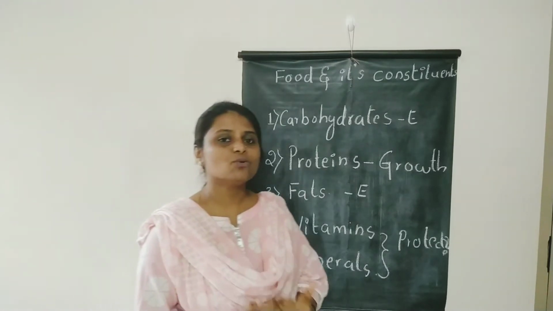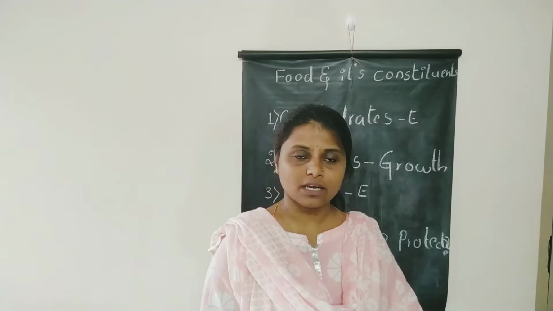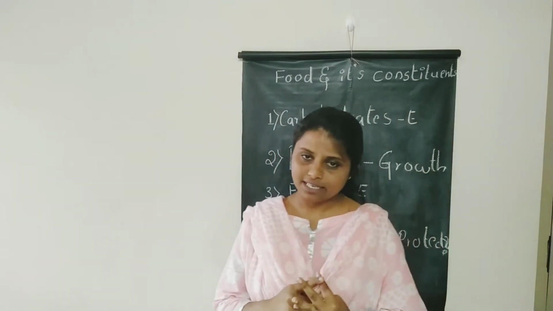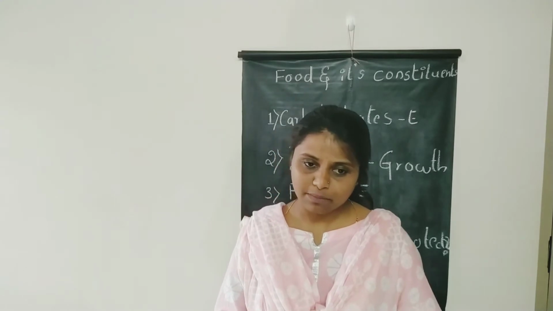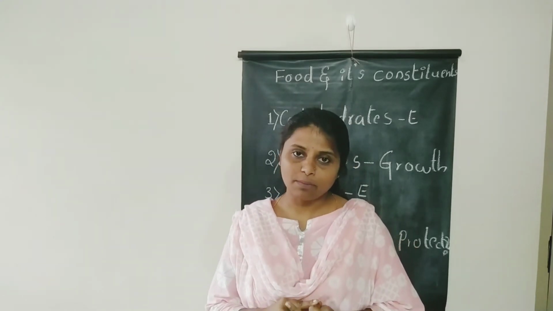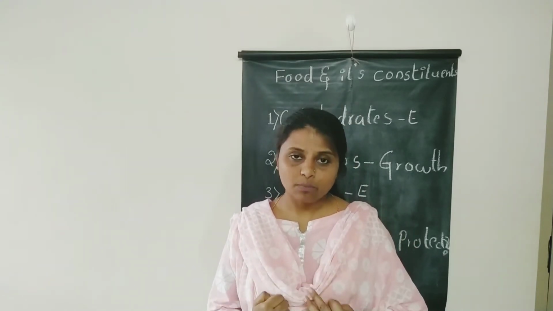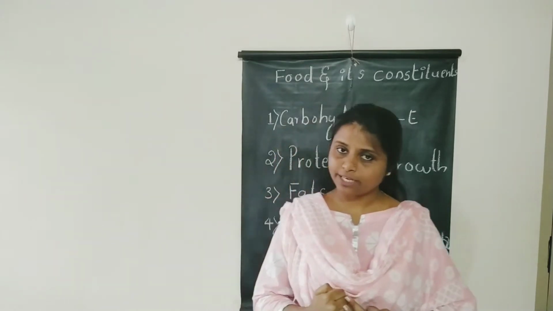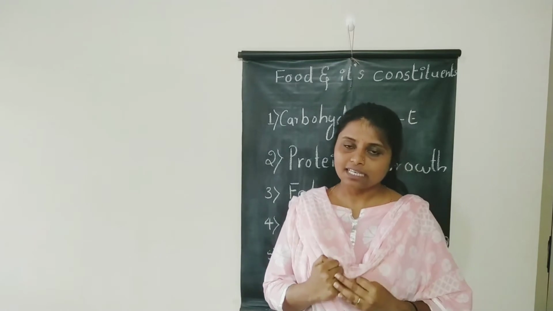So what is the use of food to our body? Food provides us the energy. Food also provides us with the vitamins and minerals which help our body to get immunity. Immunity is the ability of the body to fight against diseases.